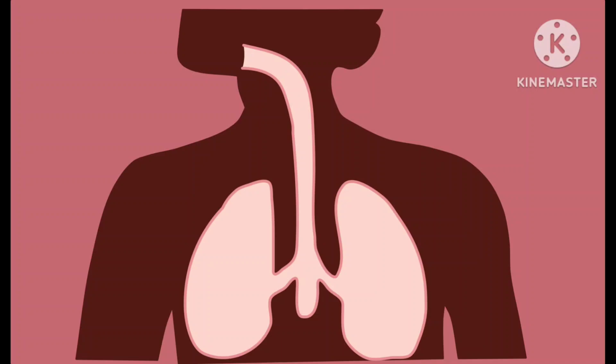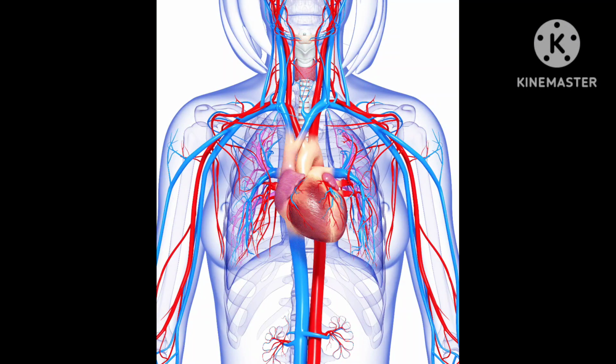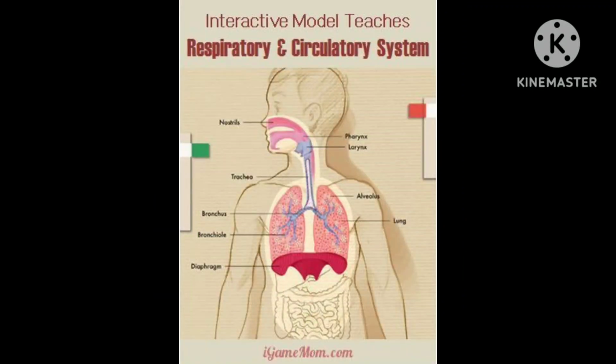It occurs continuously throughout life. Aerobic and anaerobic respiration. Cellular respiration is of two types. It can take place with or without oxygen. It takes place in the presence of oxygen.